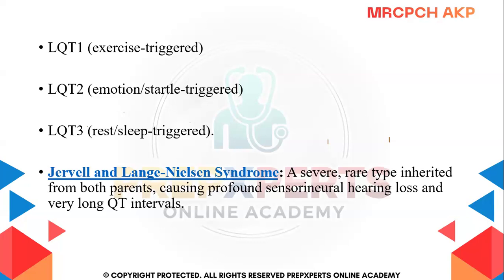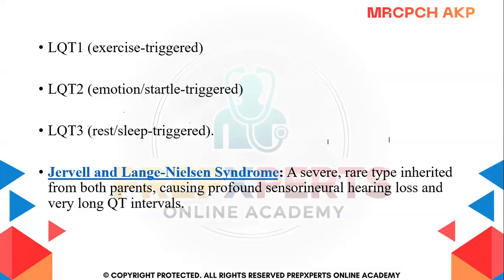So scenarios like that tell you about these things. And sudden collapse also, and there are some syndromes like Jervell and Lange-Nielsen syndrome, which have an association with the long QT. Basically, long QT is associated with cases of sudden death.